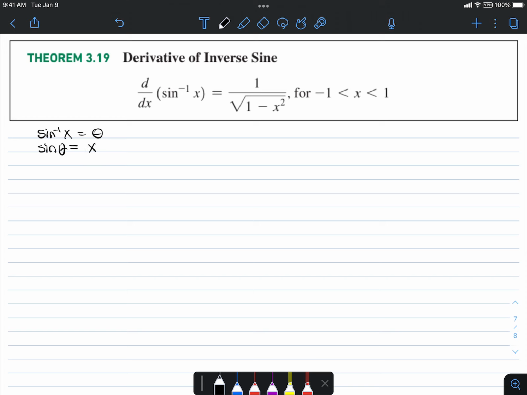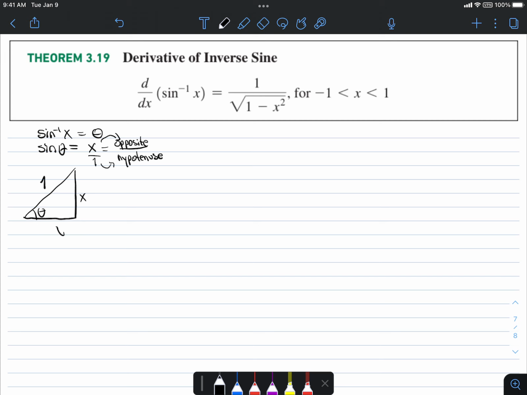So if I make a drawing, then all I need is that the opposite over the hypotenuse equals x. So I can very well make the opposite x and the hypotenuse 1.